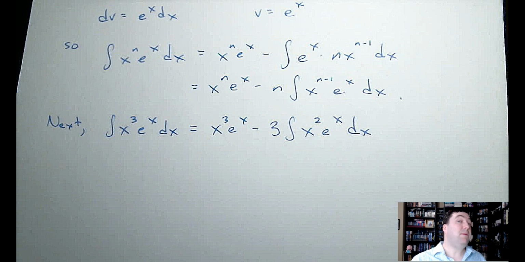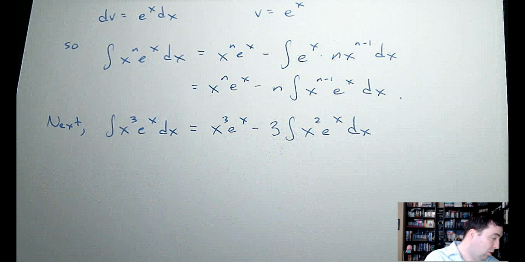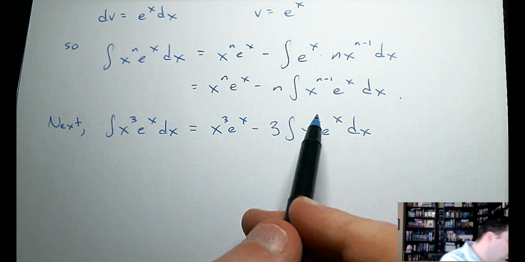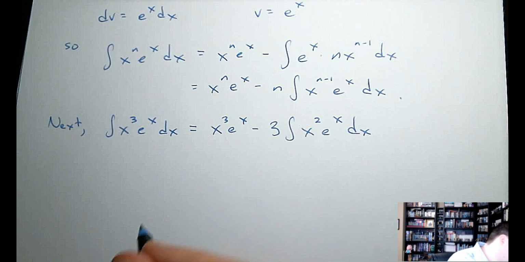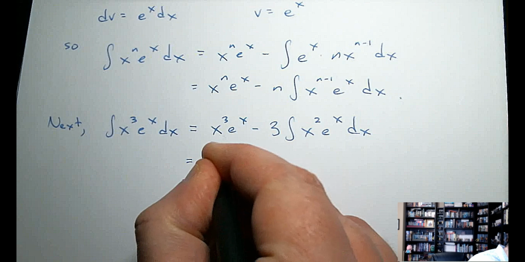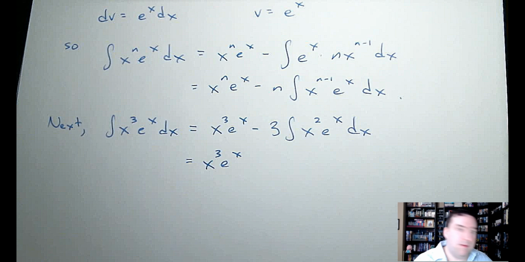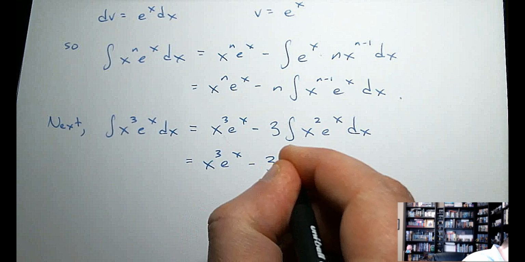And we're going to keep using this reduction formula until we get to the point where we don't need it anymore. In particular, until we reach the point where we wind up with an elementary integral. We haven't reached that stage yet, but the integral that we have obtained here also fits the form of the reduction formula, just now with n equal to 2. So that's going to be equal to the x cubed e to the x carries over, as does the minus 3.